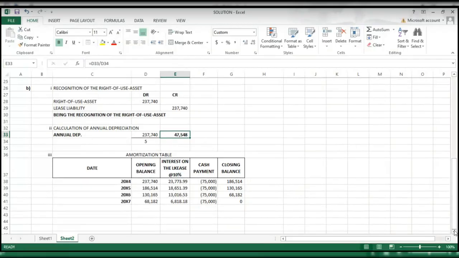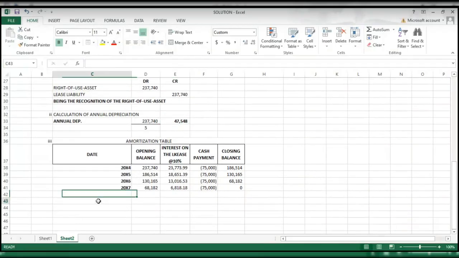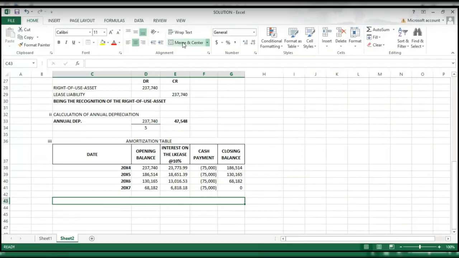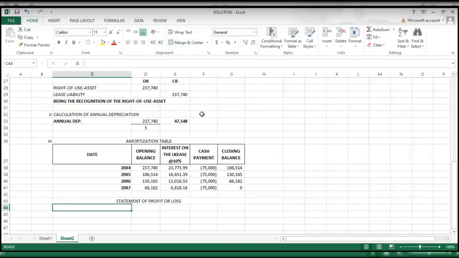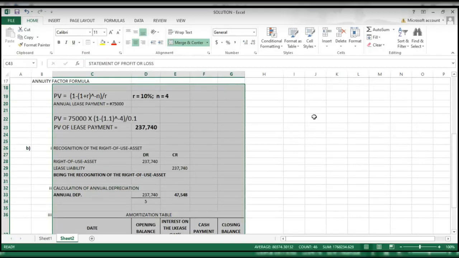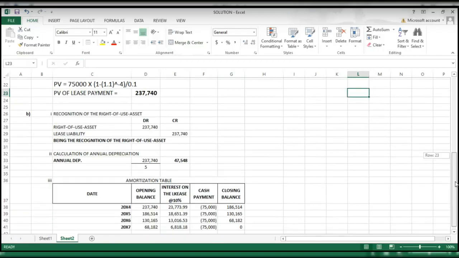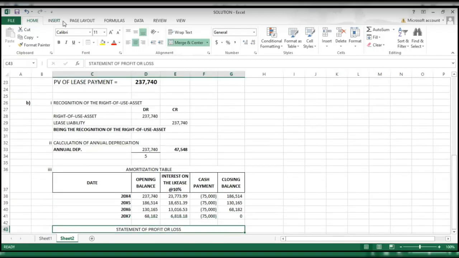So first, let's do our statement of profit or loss. When we have the statement of profit or loss, the information we are taking there is what we already explained earlier.